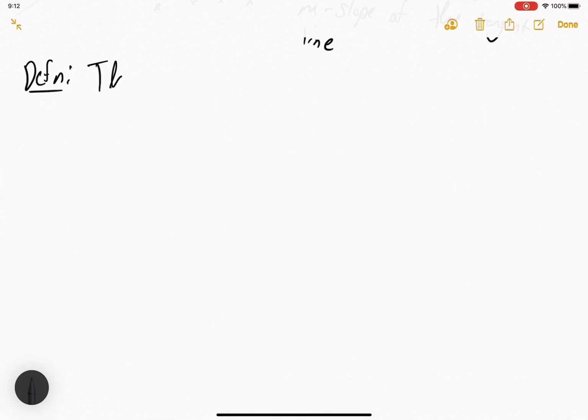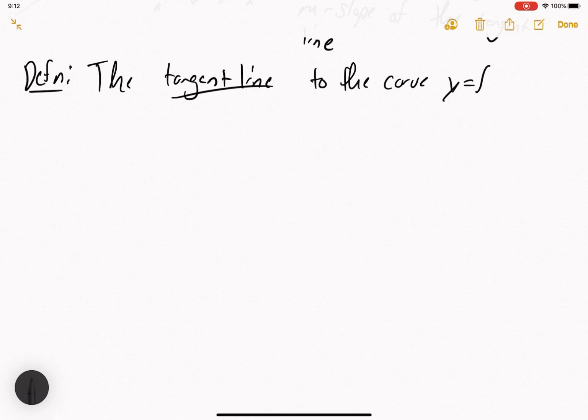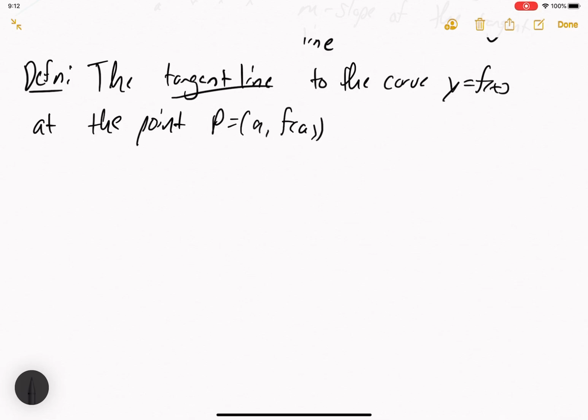Definition: the tangent line to the curve y equals f of x at the point P, which is a, f of a, just like above, is the line through P. Remember, for a tangent line we have to keep that same point.